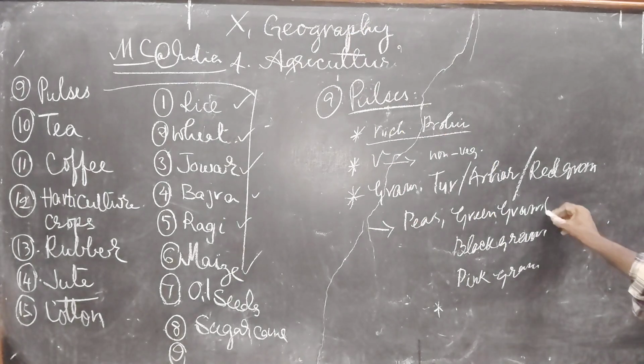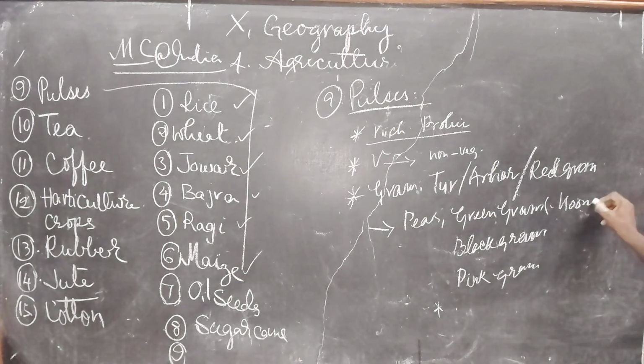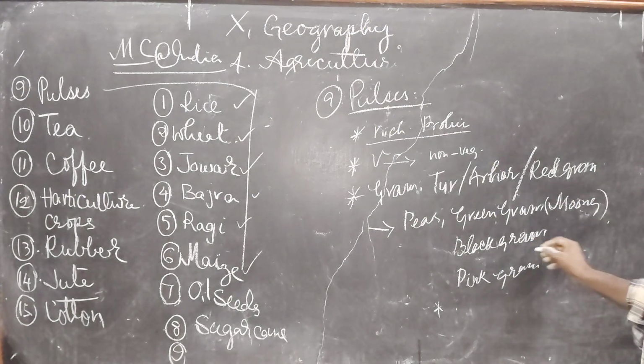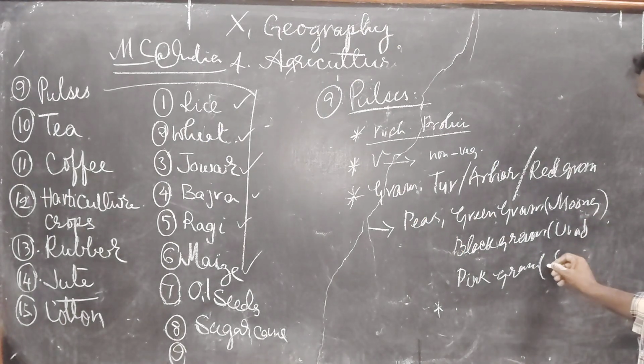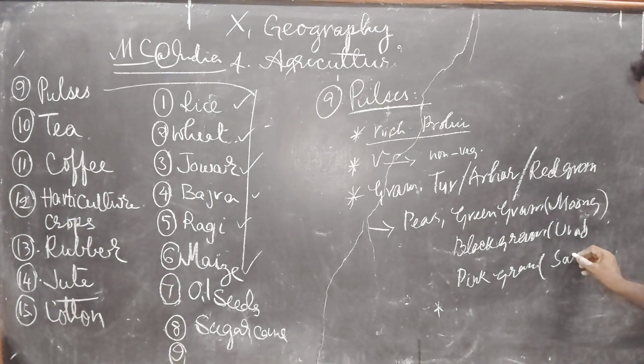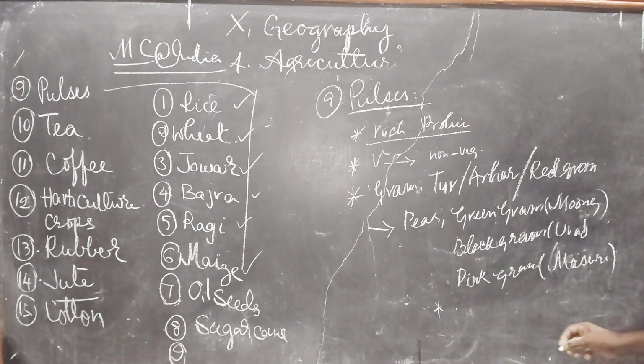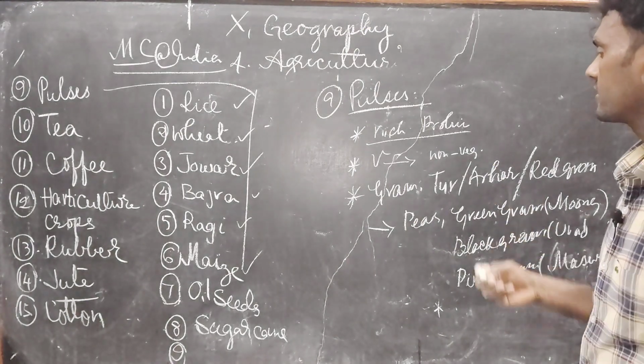Green gram comes under moong dal. Black gram comes under urad. Pink gram comes under masur. These are the main pulses.